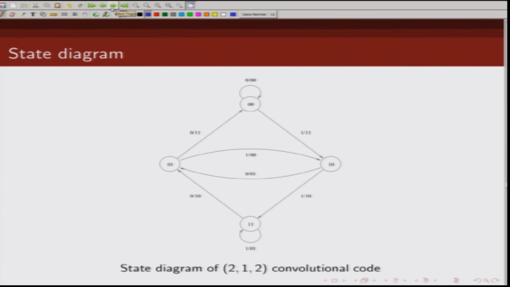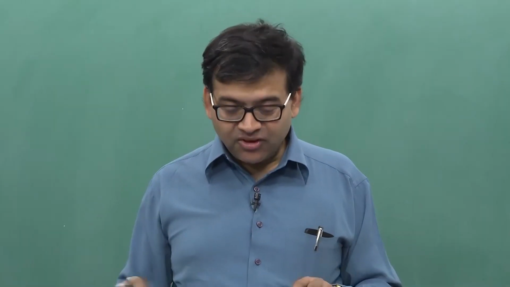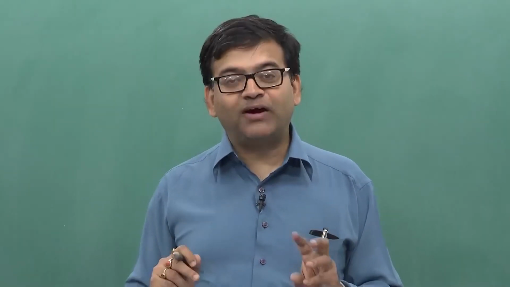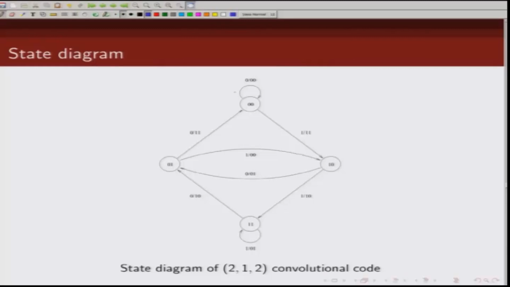Now, we are going to modify this state diagram for the purpose of calculating the weight enumerating function. So, recall what are the modifications we have to do. We have to remove this self loop around the all 0 state, and we have to split this all 0 state into 2 states, initial state and final state.